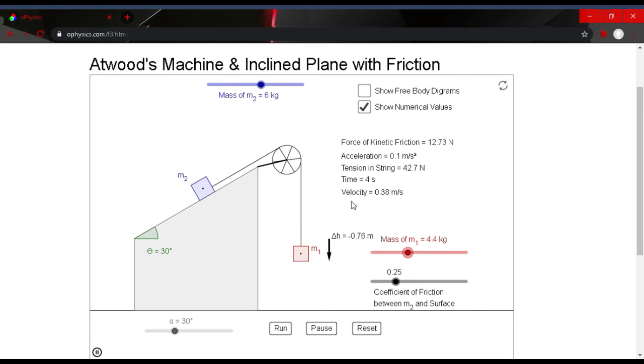And then as you can see the velocity, it will continue until the time is 4 seconds. So to move the M2, which is 6 kilogram, the mass of M1 has to be 4.4 kilogram.